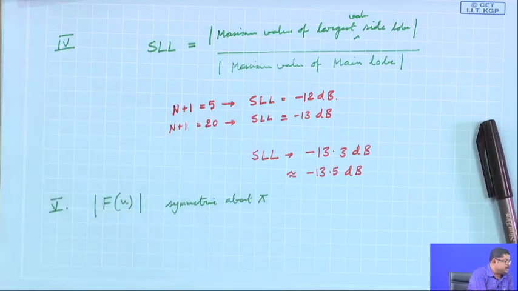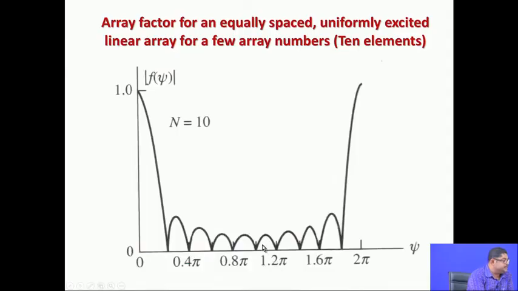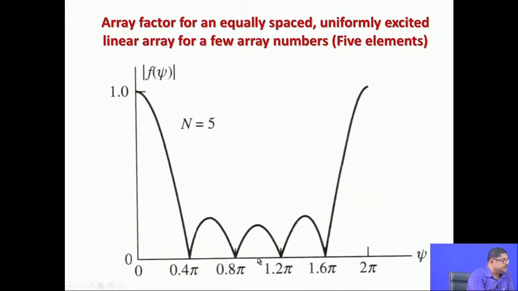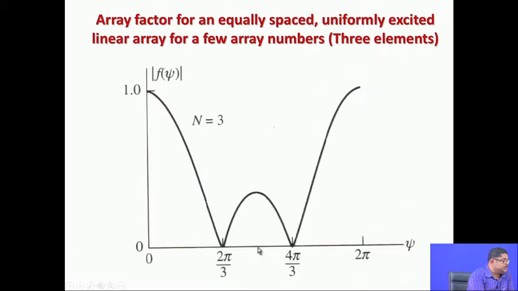If this is pi, you see it is symmetric, this point is pi, you see it is symmetric, and also it is periodic with 2 pi.